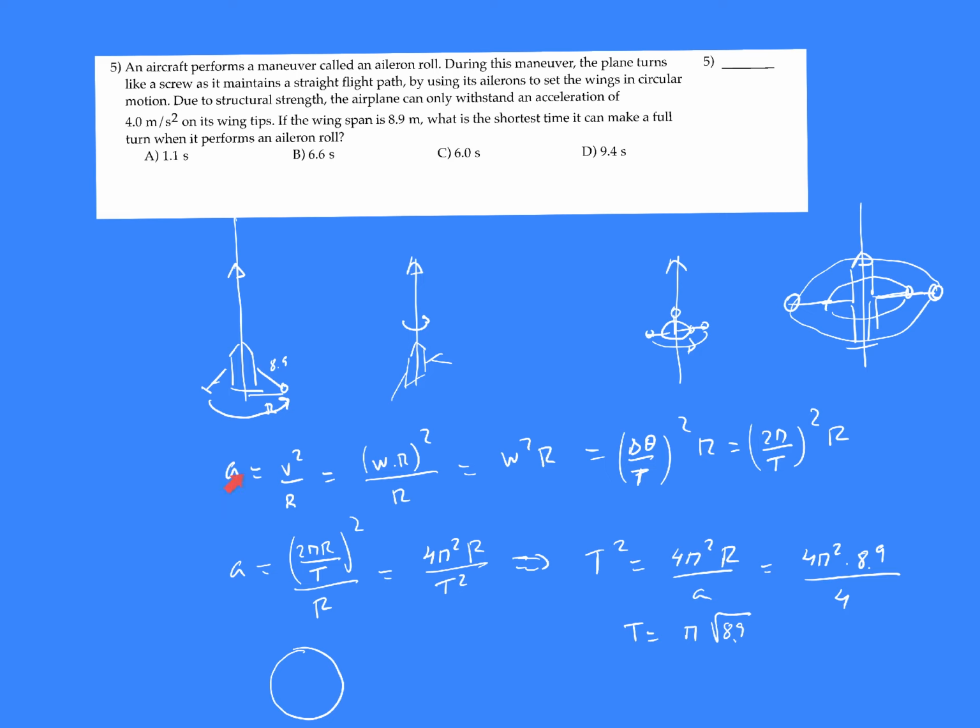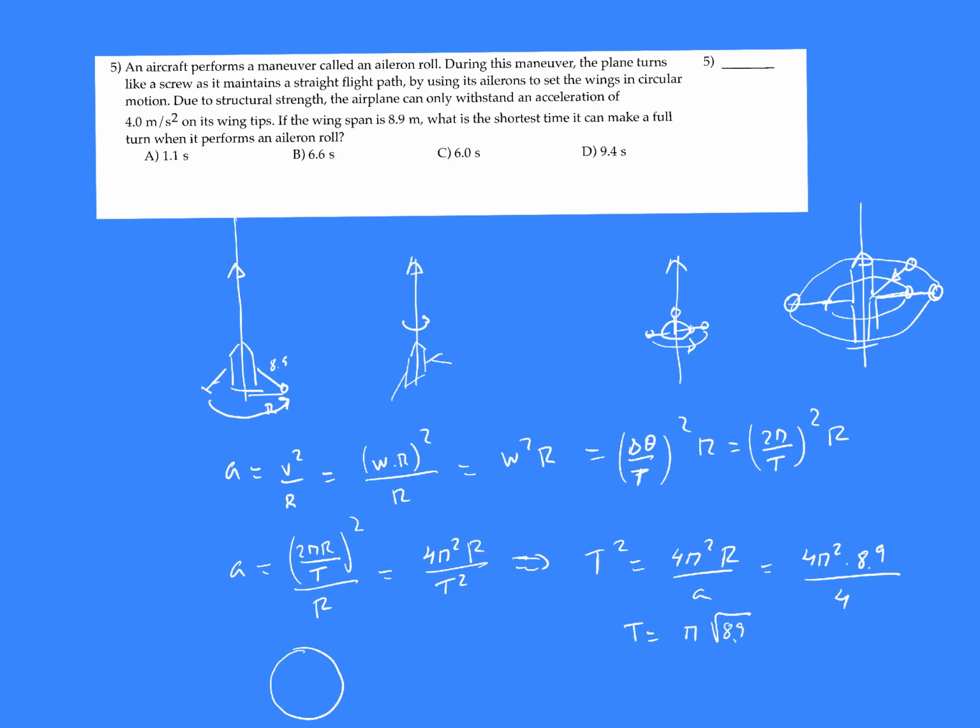The acceleration in circular motion goes toward the center, so this small part of the wing will suffer an acceleration in this direction. The acceleration is v squared divided by r, and v is omega times r.